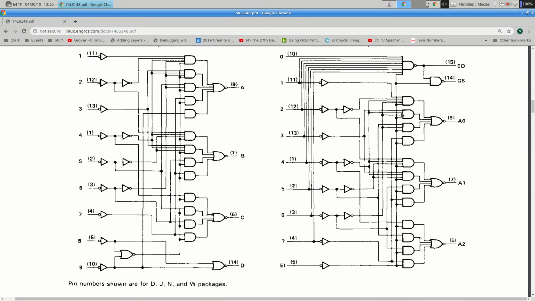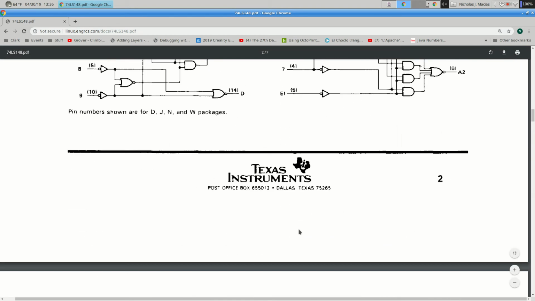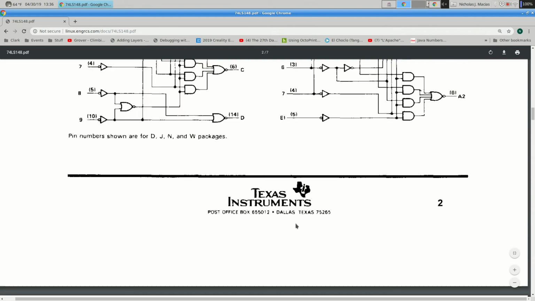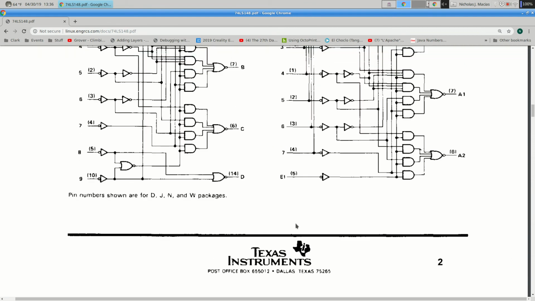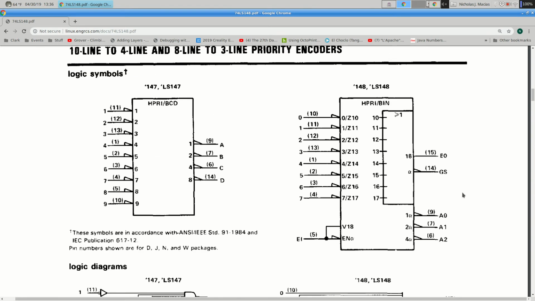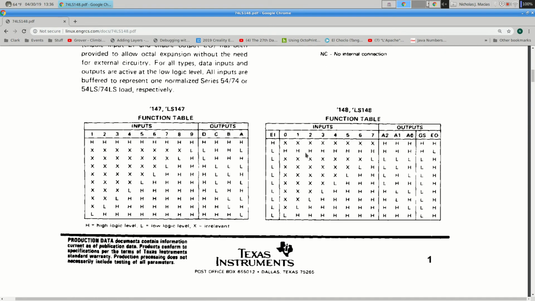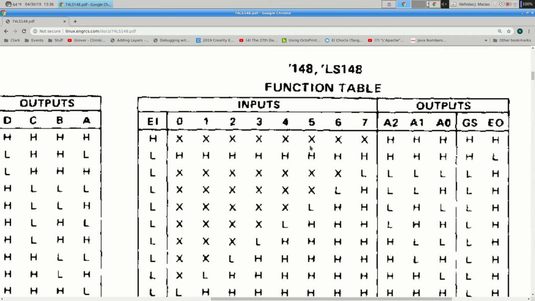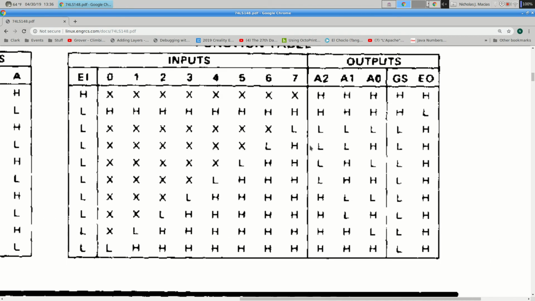Again, there's a circuit diagram for it, sum of products. What's the EO and GS? The remaining 2 outputs. Oh, so this is an enable output, and I don't know what GS is. Let's look at the truth table. So the enable output, why is that high?